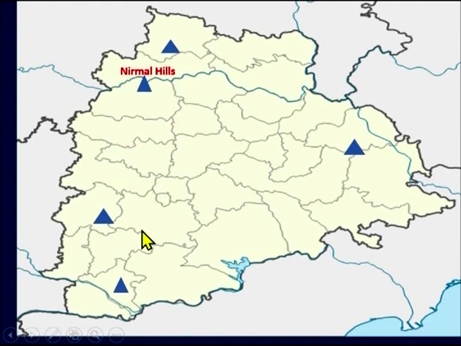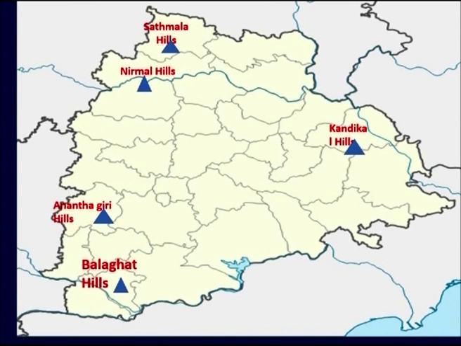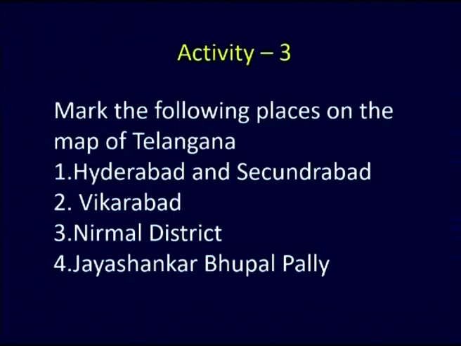Yes, children, see, these are the Nirmal Hills in Nirmal district, Balaghat Hills in Mahbubnagar and Nagarkurnool district, Kandikal Hills in Jayashankar Bhupalpalli district, Satmala Hills in Adilabad district, Anantagiri Hills in Vikarabad district.